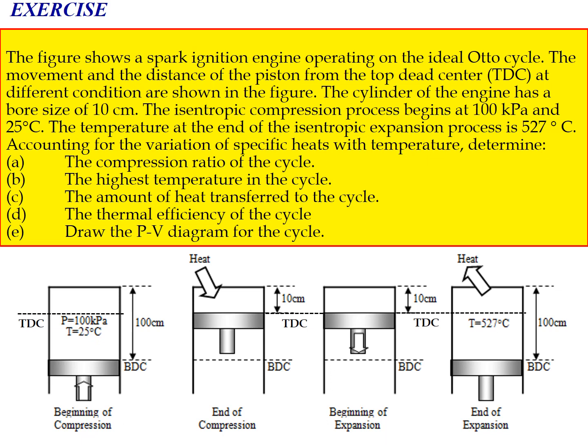The isentropic compression process begins at 100 kPa and 25 degrees Celsius. The temperature at the end of the isentropic expansion process is 527 degrees Celsius. Accounting for the variation of specific heat with temperature, determine A, the compression ratio of the cycle, B, the highest temperature in the cycle, C, the amount of heat transfer to the cycle, D, the thermal efficiency of the cycle, and E, draw the PV diagram for the cycle.